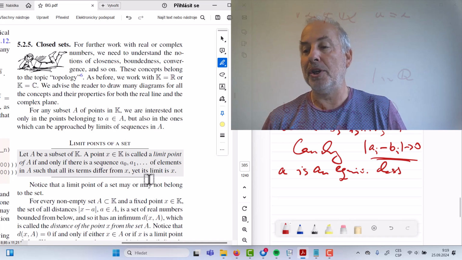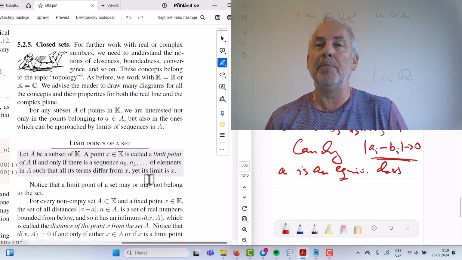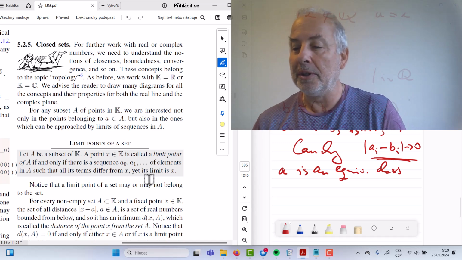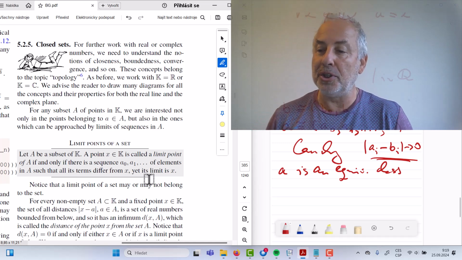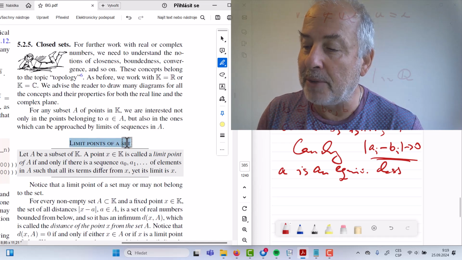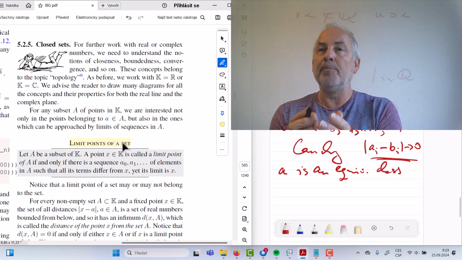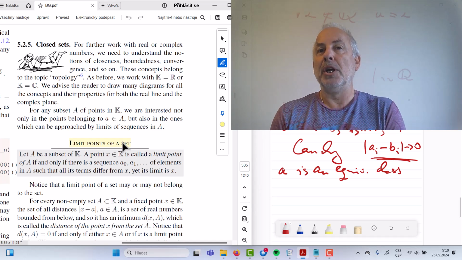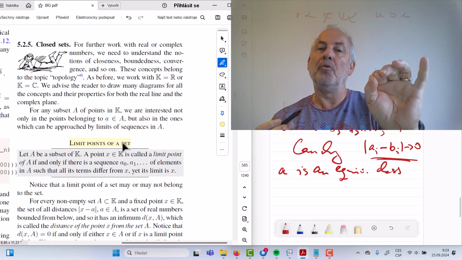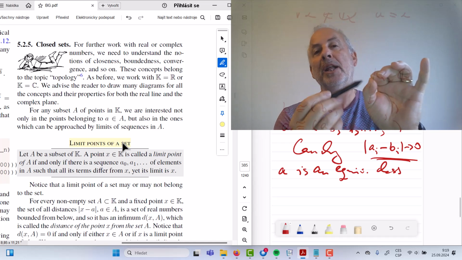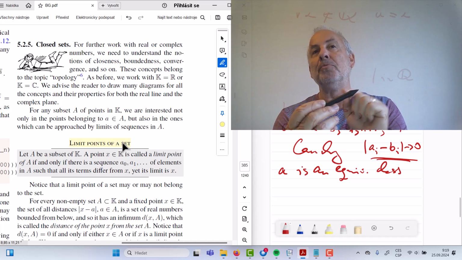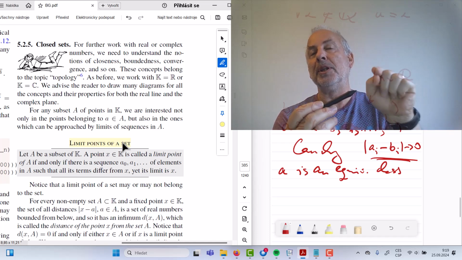And topology talks usually about the open sets and closed sets. So what the closed sets are is easy to see if we define what is a limit point of a set. A limit point of a set, vaguely told, is simply every point to which you can converge by the elements from the set, but you have to assume that the elements will be different from the limit point, right?